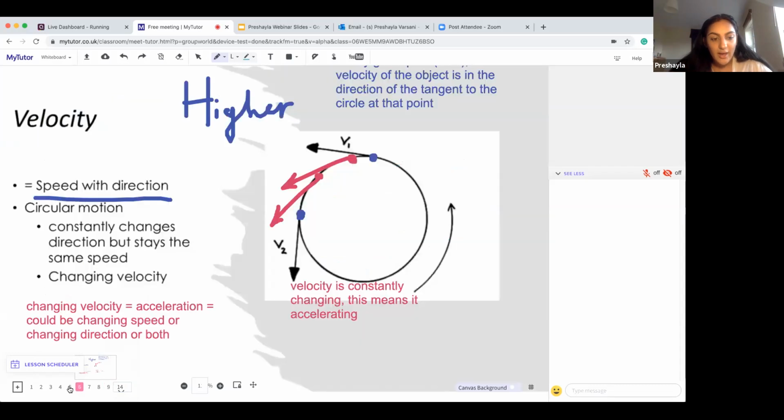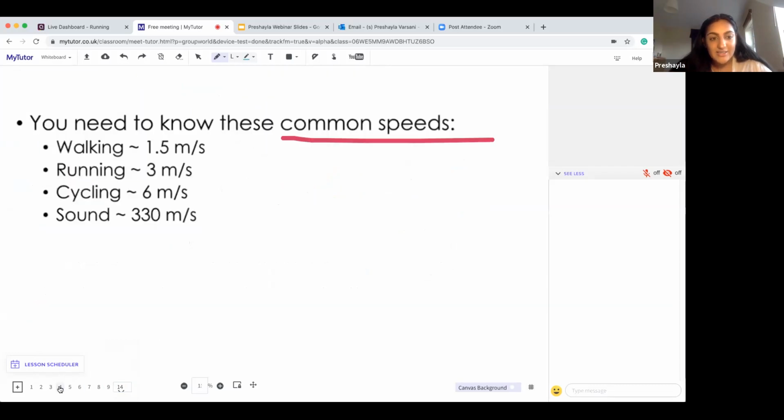Another thing to note is these speeds here. I know that you're not going to memorize them after an hour, and don't worry, no one's expecting you to, but the more that we can get used to working with these, the more that they're going to stick in your heads. And one tip for remembering them is that walking is half of running, and running is half of cycling, which makes sense because each is faster than the other.